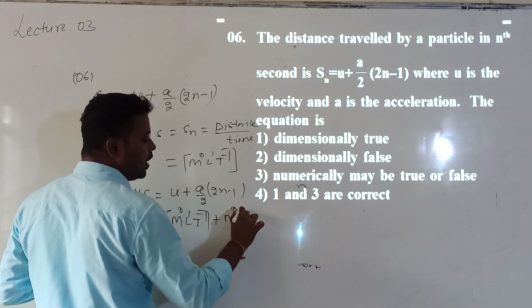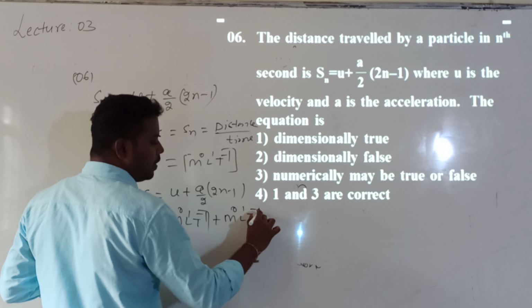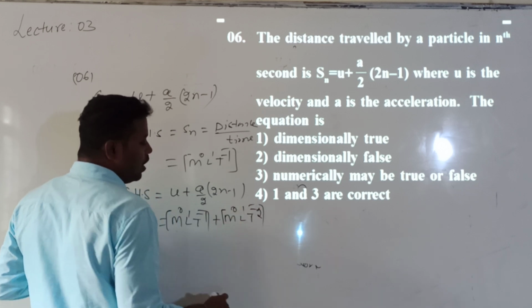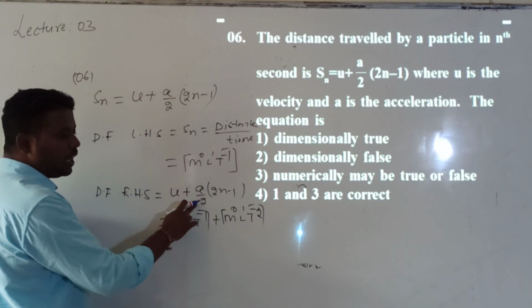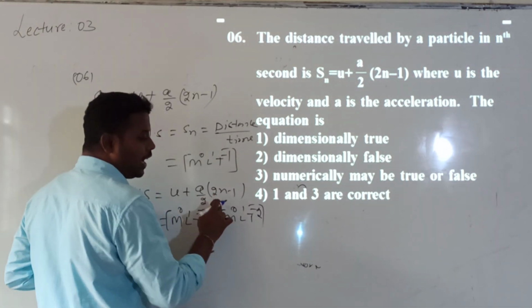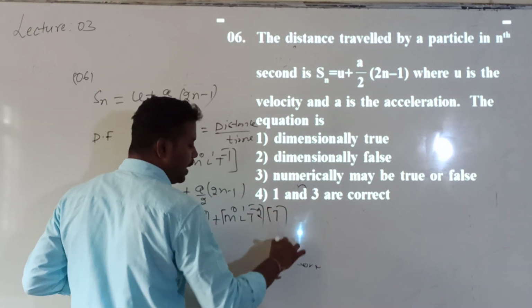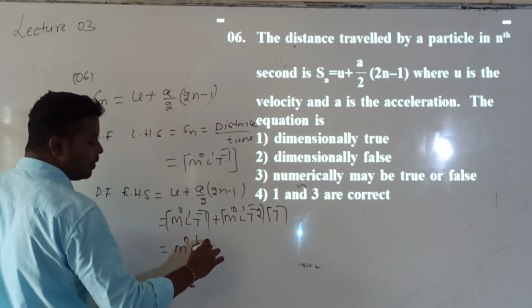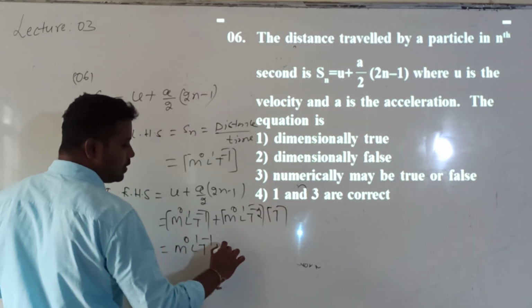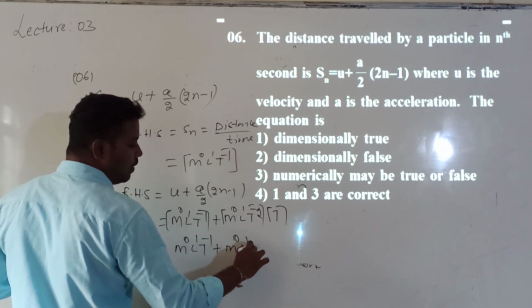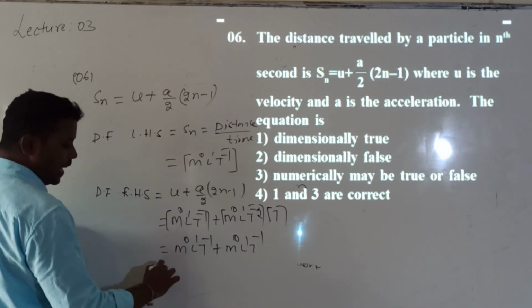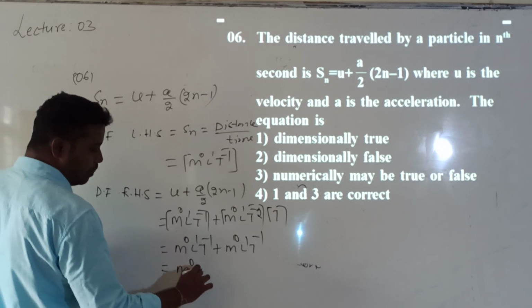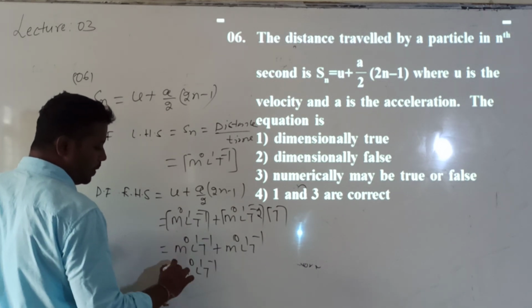Acceleration dimensional formula is M power 0 L power 1 T power minus 2. 2 is a number, so no dimensional formula. n is the time, so the dimensional formula is T. Then what will I get? M power 0 L power 1 T power minus 1 plus M power 0 L power 1 T power minus 1. By adding, I will get M power 0 L power 1 T power minus 1.